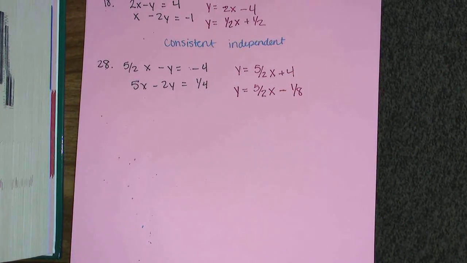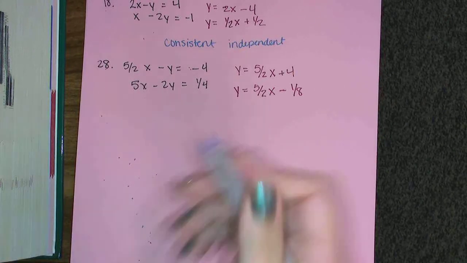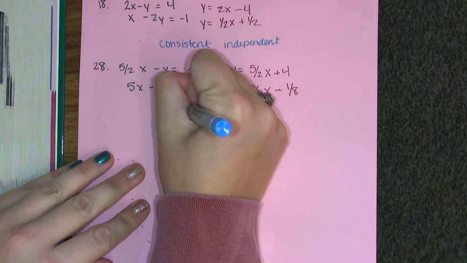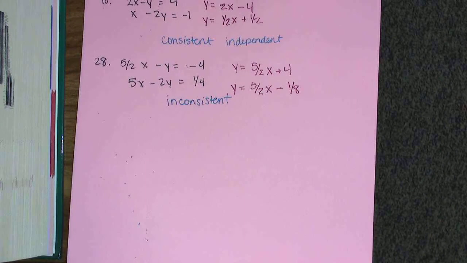The lines are parallel, so is it consistent or inconsistent? It's no solution, so it's inconsistent. And then is it dependent or independent? Or neither? Neither. Okay, if it's inconsistent and it's not independent or dependent, we just say it's inconsistent, because inconsistent is no solution.